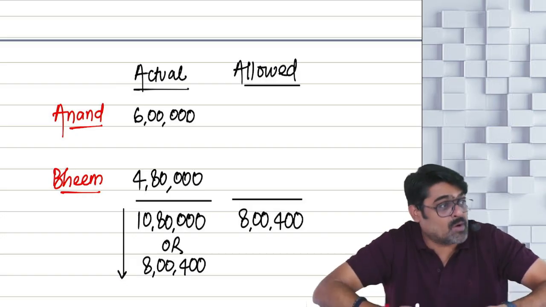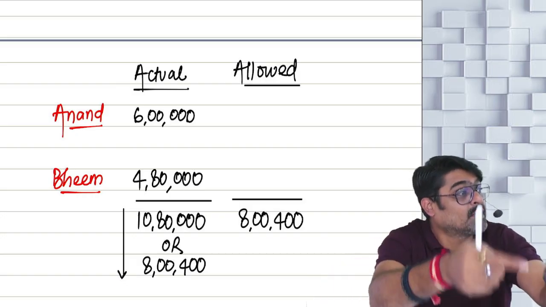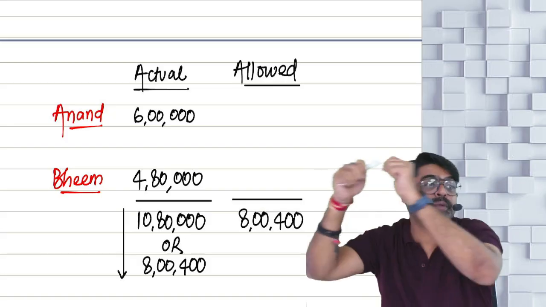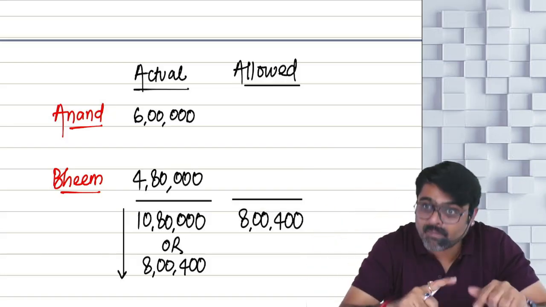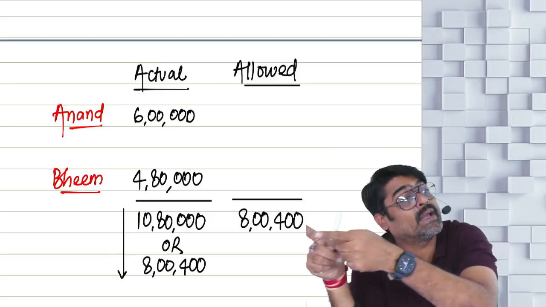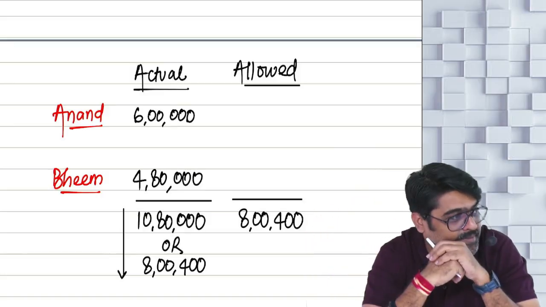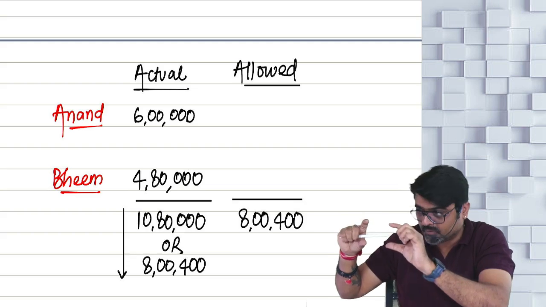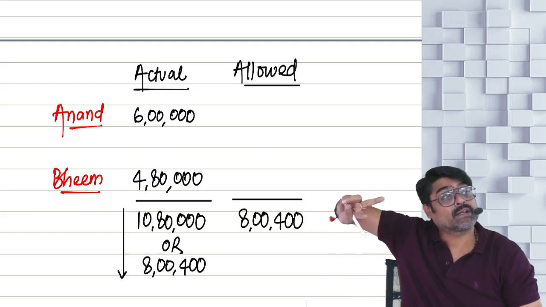Because only the amount which was allowed in the hands of Anand will be taxable as his PGBP income, and only the amount which was allowed for Bhim will be taxable in the hands of Bhim as his PGBP income. Now you are supposed to split this 8,400,000 in a ratio.